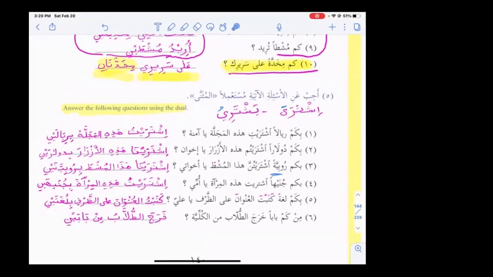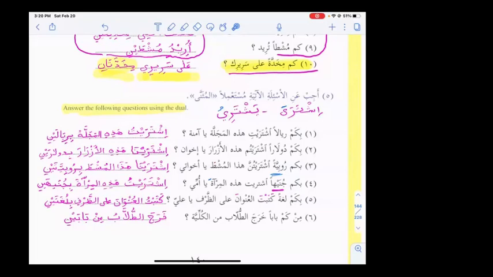Bikam junayhan ishtaraiti hadhihi al-mir'ata ya ummi? Oh my mother, for how many pounds? Junayh is the pound, the currency of the UK or maybe other countries.